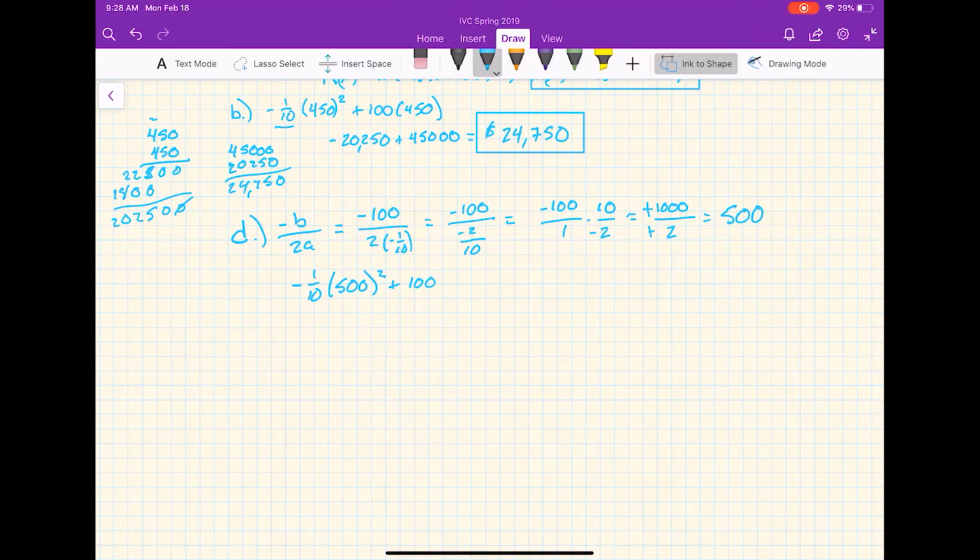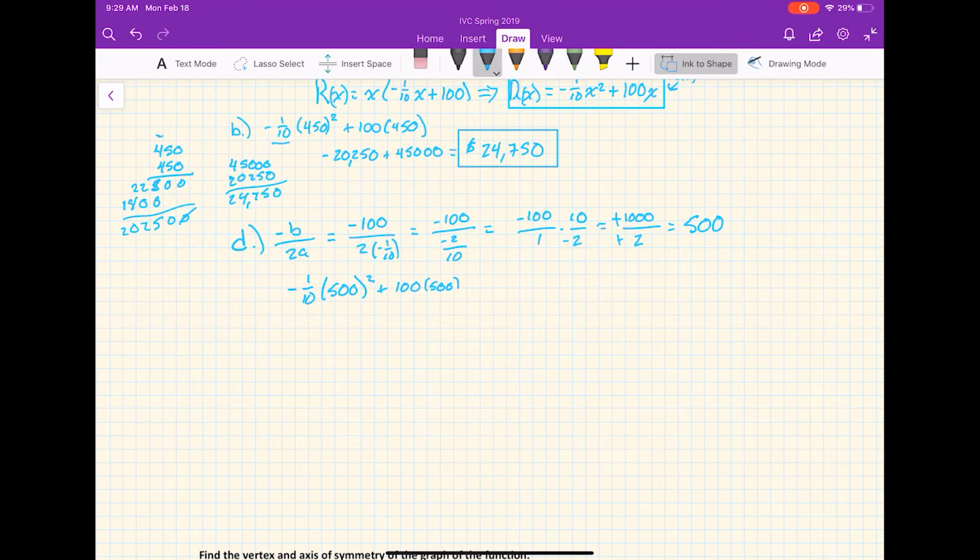Now we're just going to take that quantity and plug it back into our original equation. So we have negative 1/10 times 500 squared plus 100 times 500. And 500 times 500 should be 25,000. Let's do it real quick. Drop down 2 zeros and then another 2 zeros, 5 times 5. Yep.